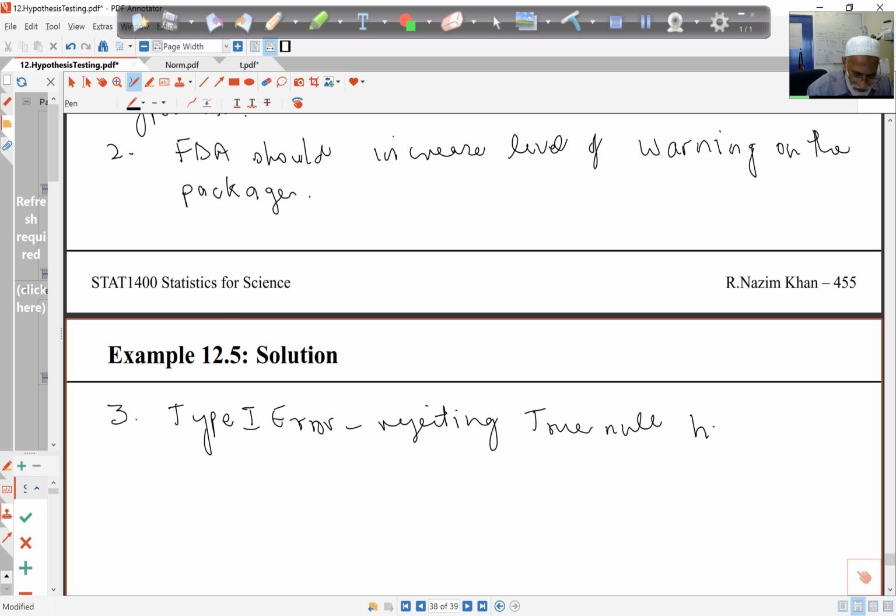And so in this case, if this happens, all we're doing is increasing the level of the warning, and that's a good thing. Increasing the level of warning doesn't do any harm.